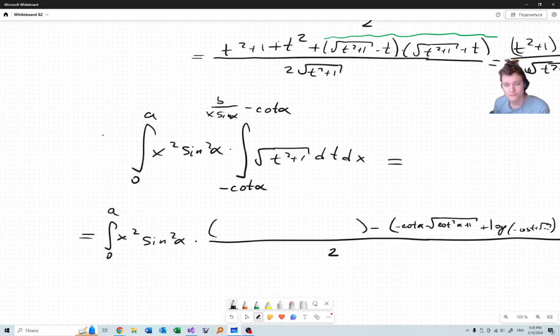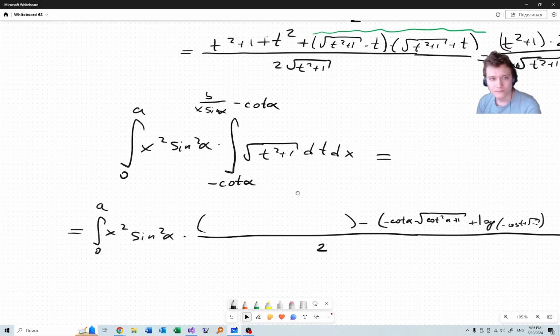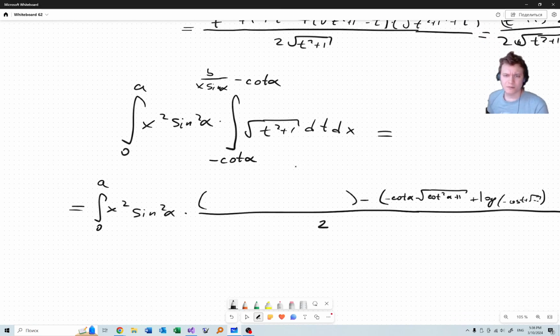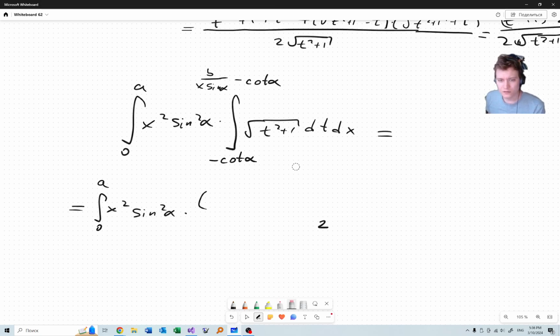Okay. Yeah, this is understandable. But here we have something more messier, which is... Okay, let's rewrite it as a difference of two fractions.